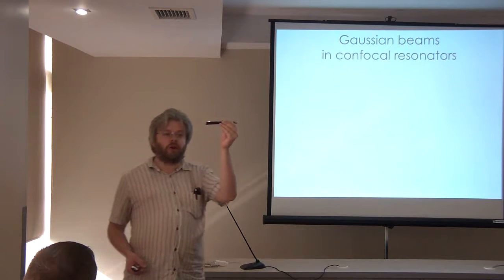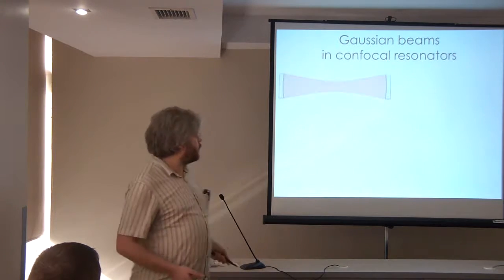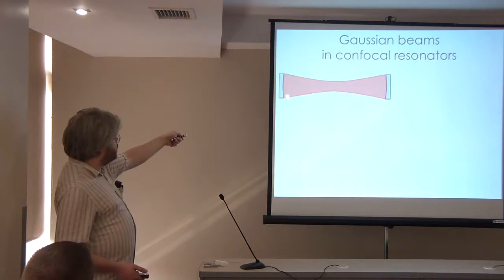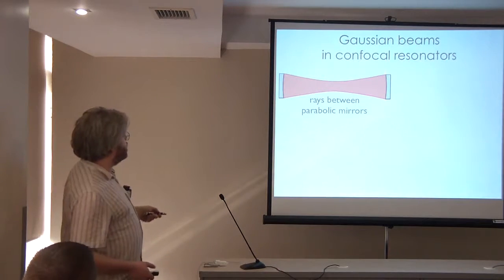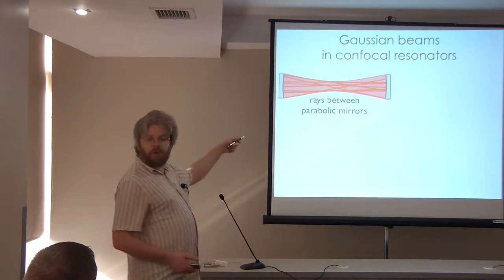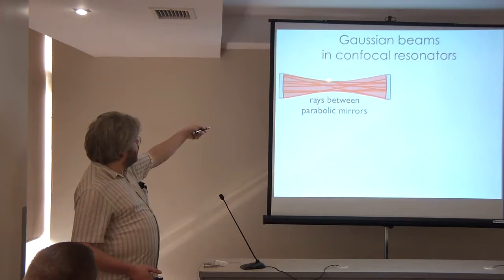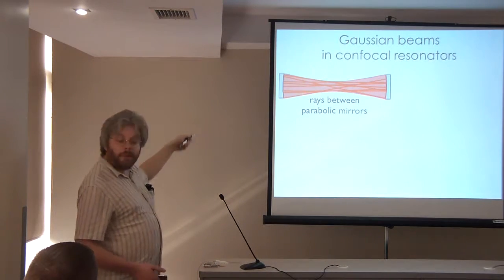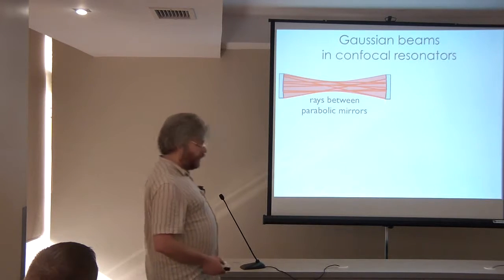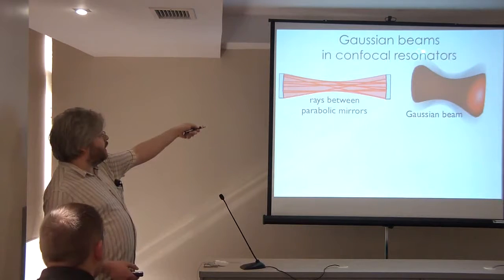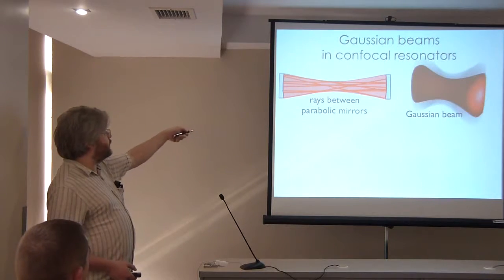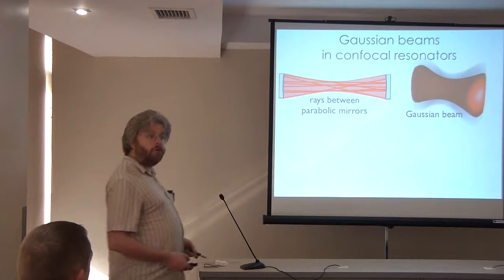It's really a confocal resonator. I have two parabolic mirrors here, and if I think of the ray picture, the rays bounce back and forth, but they always are inside this shape here. And if you actually plot what a Gaussian beam would look like inside a cavity, the wave has exactly the same shape as this family of rays.